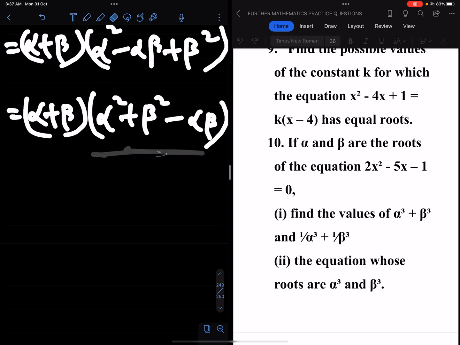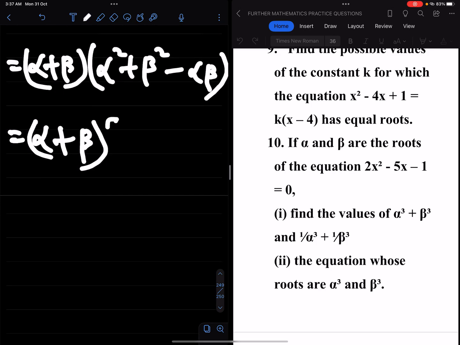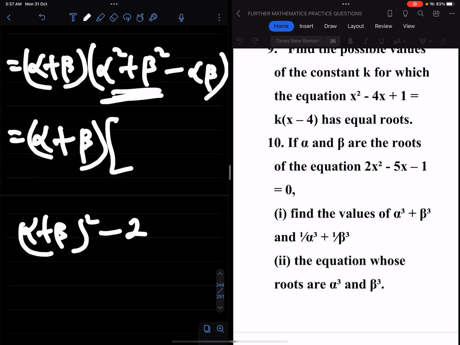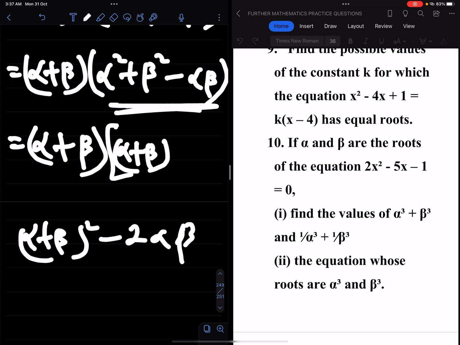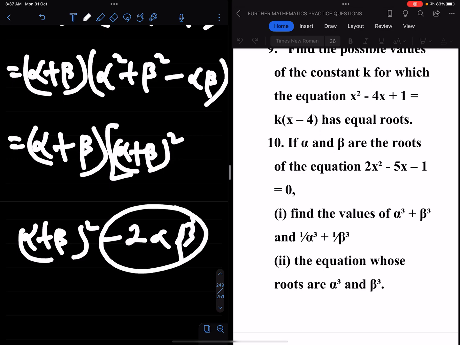Now we can move further. That's going to be alpha plus beta times alpha squared plus beta squared, which is alpha plus beta all squared minus 2 alpha beta. So the whole of this is going to be alpha plus beta all squared minus 2 alpha beta minus alpha beta.